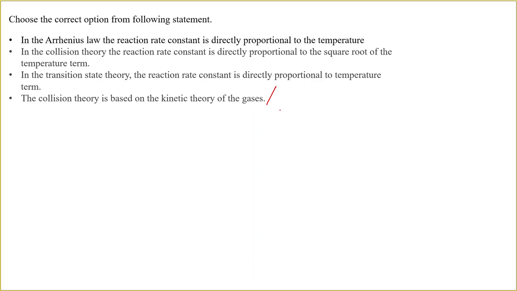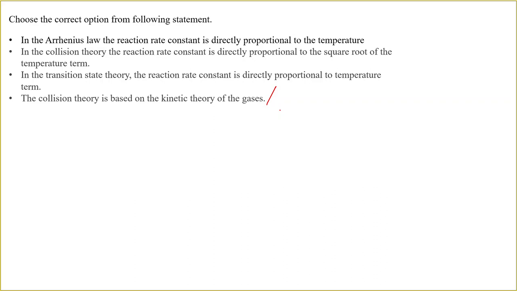What it says is that the higher the number of collisions, the higher the reaction rate will be. And that will happen when your temperature is higher. Why? Because at high temperature, the molecules have more energy to collide with each other, and the more they collide, the higher the reaction rate constant will be.